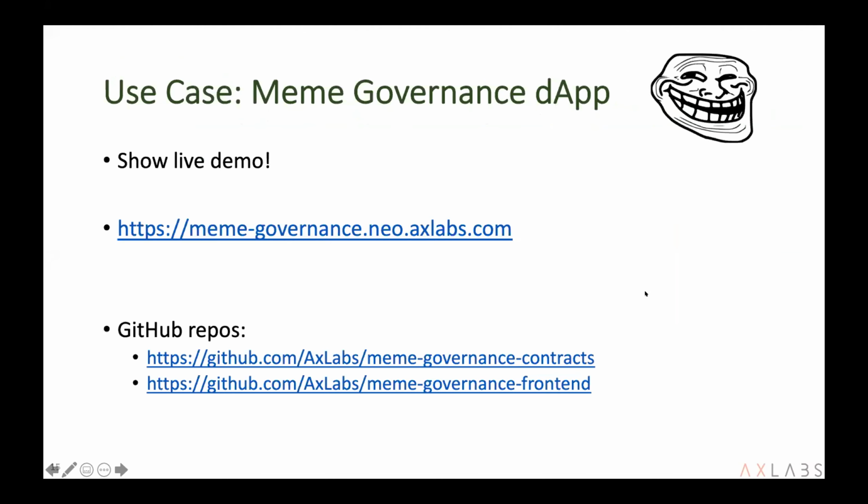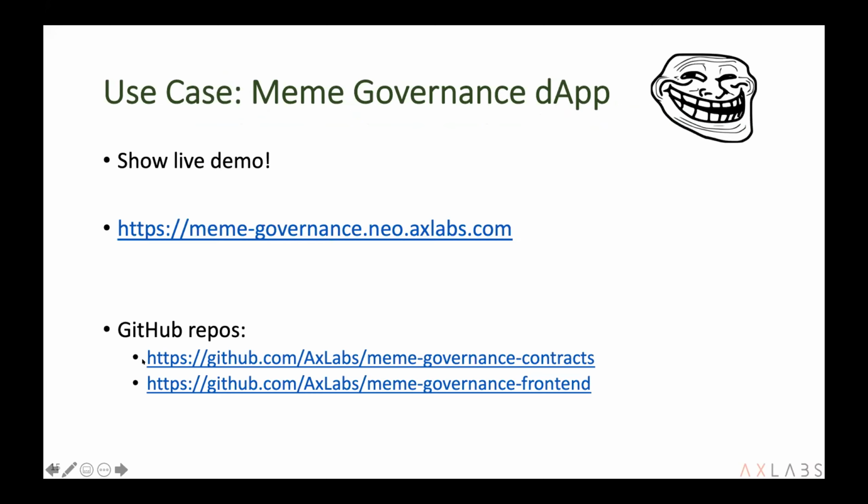Okay, cool. So we've seen until now the tech stack of the dApp, of the use case that we want to show. And now I'm going to introduce you to the real use case that we'll be discussing here, the meme governance dApp. I think the best thing is that I show you what the meme governance dApp is.